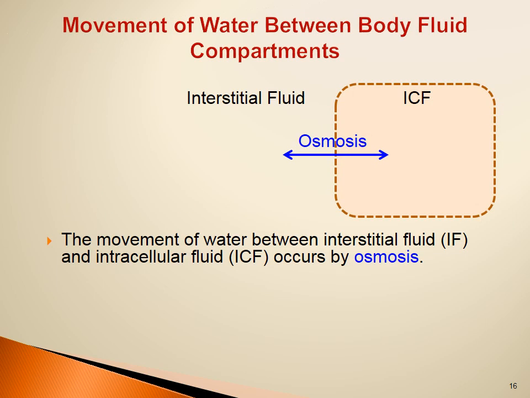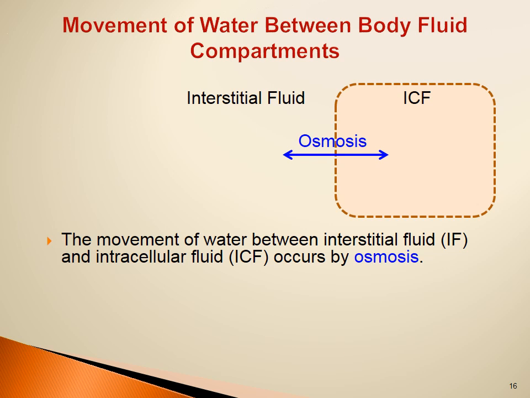The movement of water between the body fluid compartments, that is, between the intracellular fluid and interstitial fluid, and then between interstitial fluid and plasma, happens using different processes.